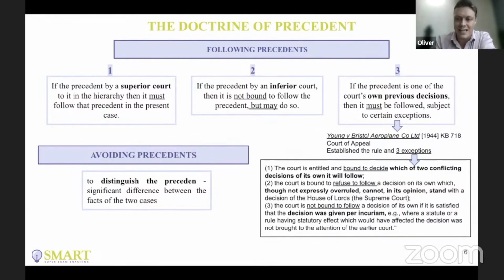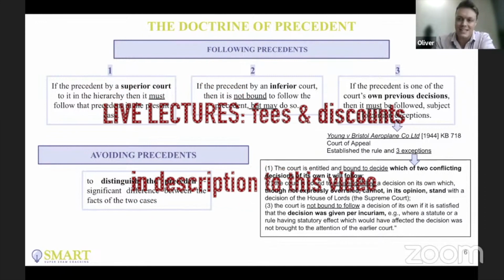If I could find a key difference, for example, in the facts of my case that made it different from that case, I could say they're not the same and I do not need to follow that decision. My case is different enough that I can make a new decision.